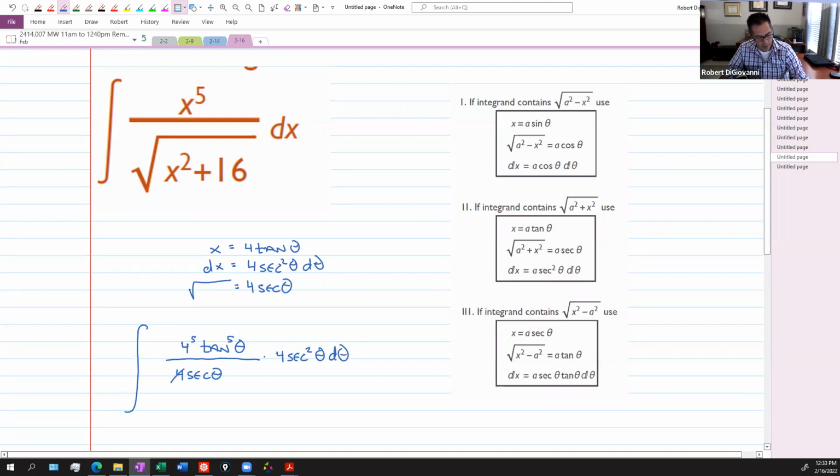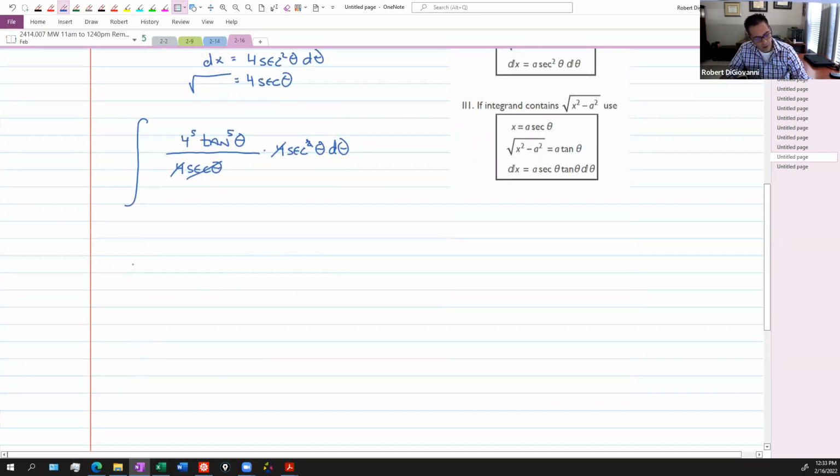A 4 cancels, and one of the secants goes. I'll bring the 4 to the 5th to the outside and figure that out later. I've got tangent to the 5th theta, secant theta, d theta.